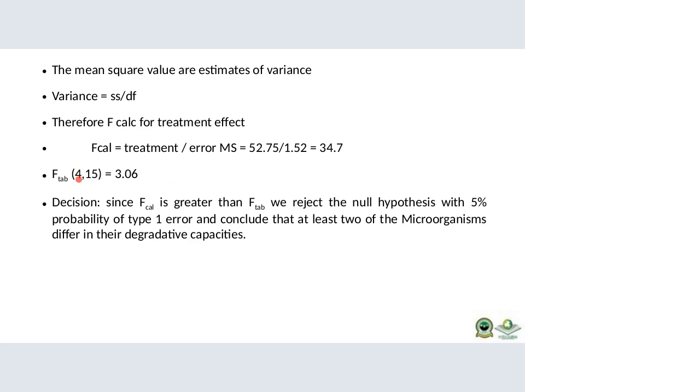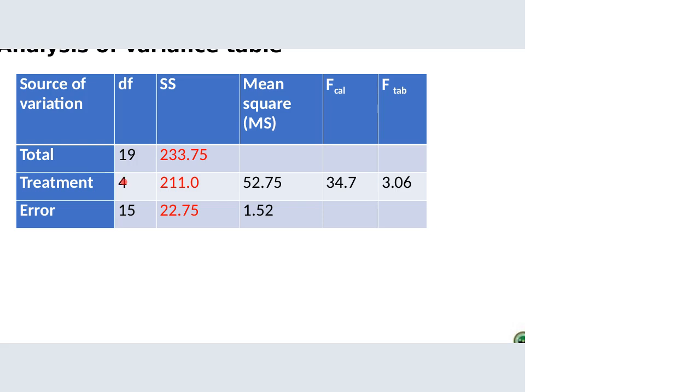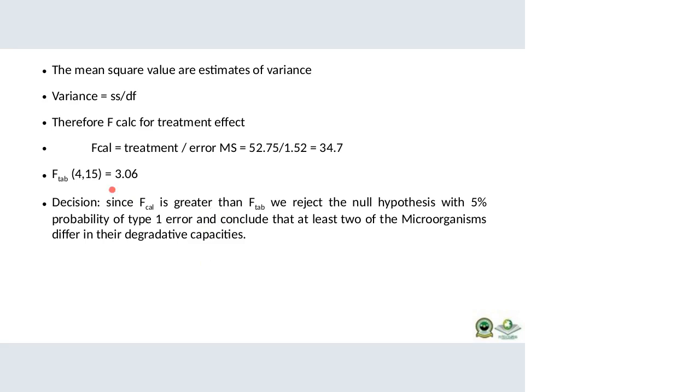We have 4, the degree of freedom for treatment, and the error degree of freedom. We have it here. We'll check it, and we get the F tabulated value. The F value is 3.06.